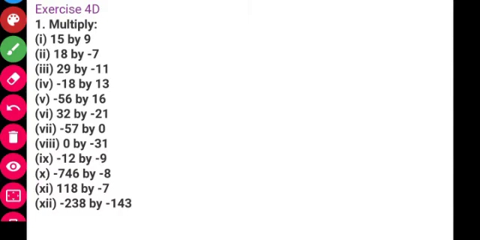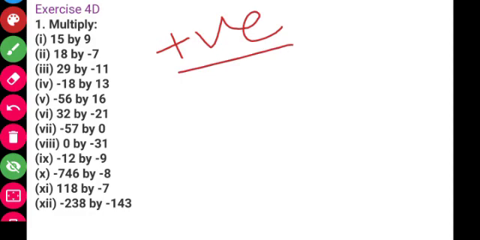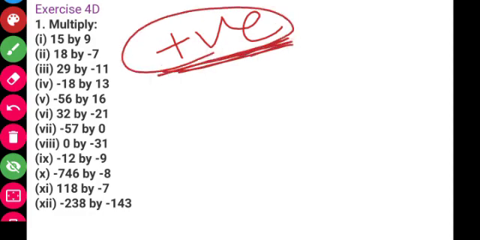When you multiply or divide two integers of the same sign, then its sign will be positive. When both signs are the same, the answer will be positive.